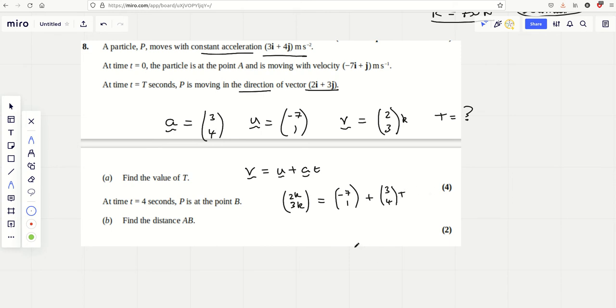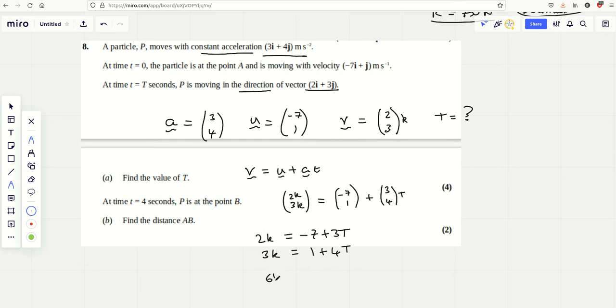times t. So really what I've got here is a simultaneous equation. I've got 2k is minus 7 plus 3t. And I've got 3k is 1 plus 4t. I want to get rid of that k and find what t equals, essentially. Or I could just times the top one by 3 and the bottom one by 2.